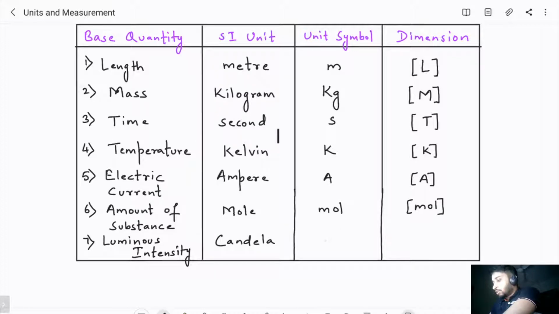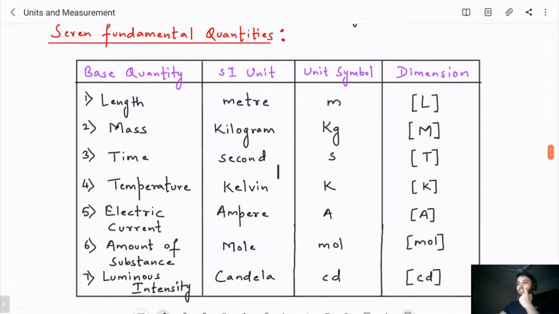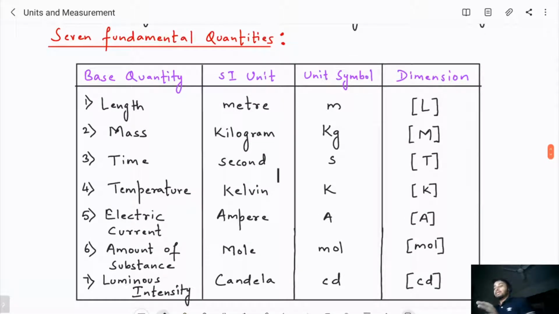Unit symbol is cd and the dimension is cd. Okay, so these are the 7 fundamental quantities that we have. These are the basic quantities. All the other physical quantities are found by the combination of these 7 fundamental physical quantities.